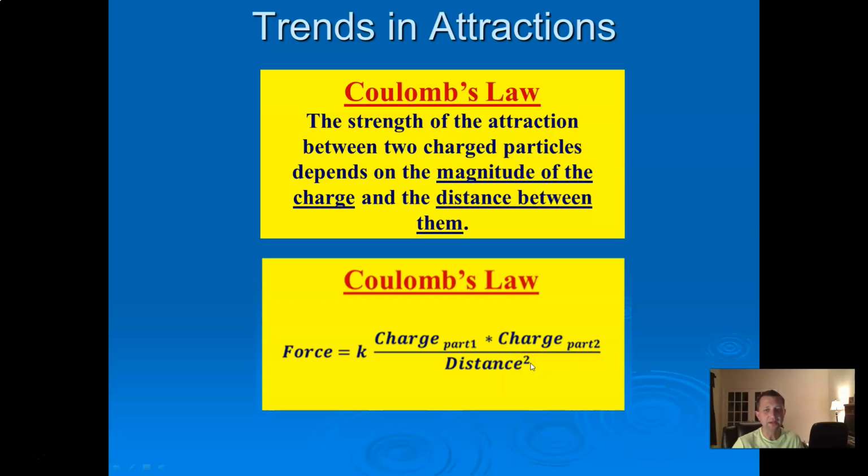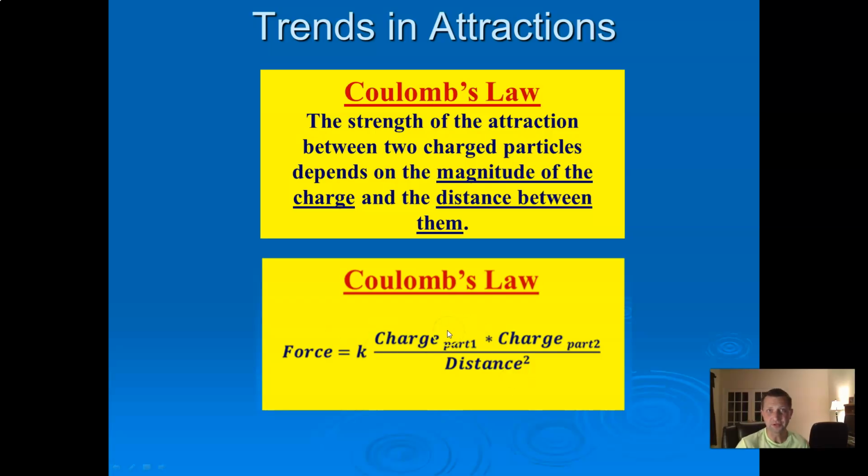All right, that's important. If you look at this, what part of it do you think is going to have a bigger impact on that attractive force? Well, it's going to be your distance, because you're taking your distance and squaring it. If you double your charge, say from 2 to 4, you're just doubling it. But if you double your distance, you have to square that now, so it has a much bigger impact on your force.